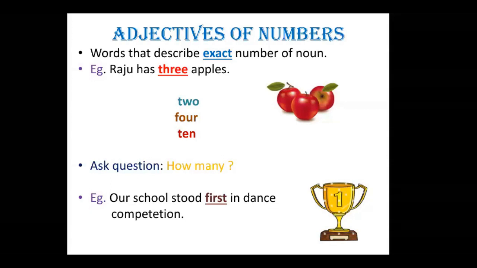When you see a number in the sentence and you are told to identify the adjectives of number, those numbers will be the adjectives of number, because it is asking the question how many, and the question how many always gives us an exact answer. Look at this slide.